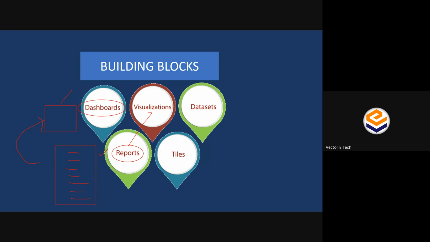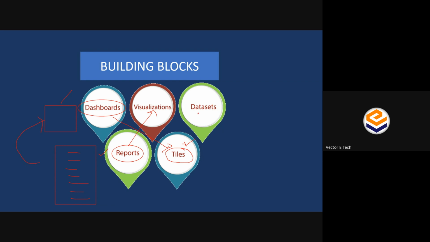Reports will consist of visualizations. Those visualizations, when you make a summary, are called tiles, right? I hope you are able to understand. In reports, we use visualizations, and when those visualizations are summarized in a dashboard using the Power BI service, they are called tiles, because they have minimal formatting features or other features.